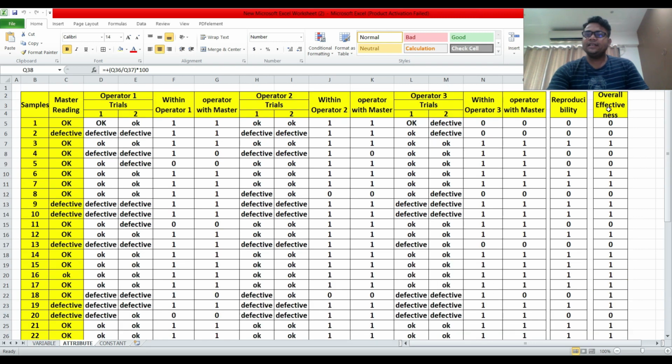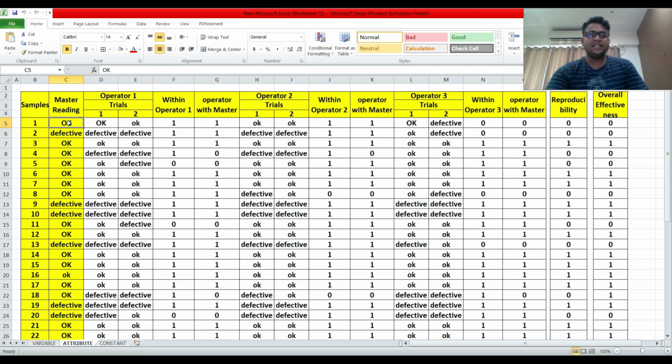So guys, now I have to find out the overall effectiveness. When you measure overall effectiveness, you have to match the operator results as well as the master result. In reproducibility we matched only operators within themselves, but in overall effectiveness we have to match the operator results with the master result as well.